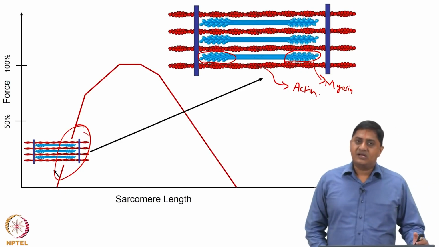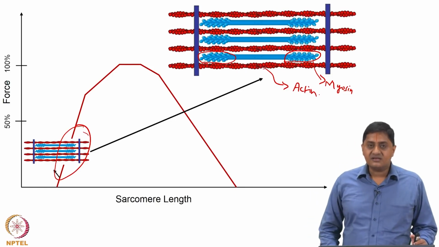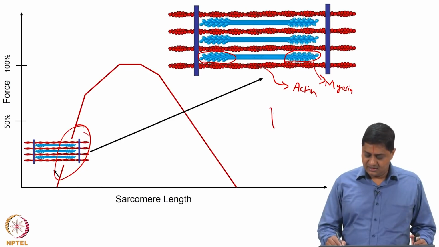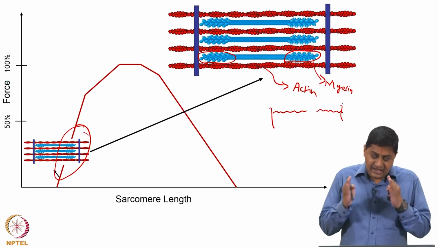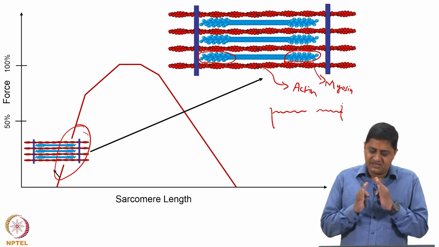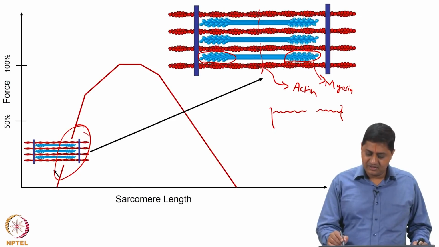In the classic model of the sliding filament theory or the cross bridge theory, we saw that actin is hanging in from one end and hanging in from the other end, they do not actually touch. But when the length becomes too short, actin filaments start overlapping with each other, producing an overlap here.